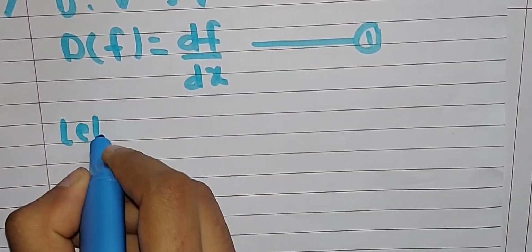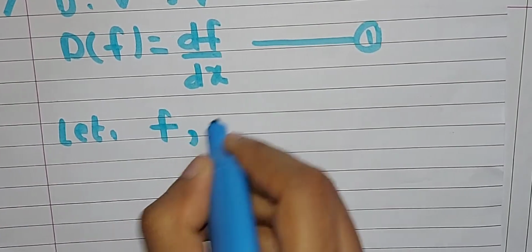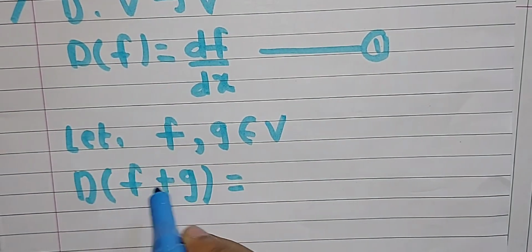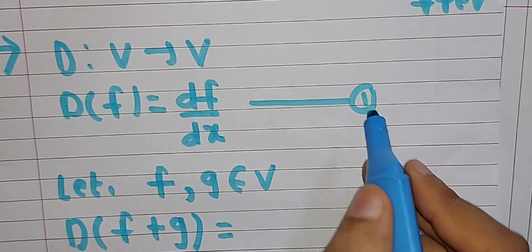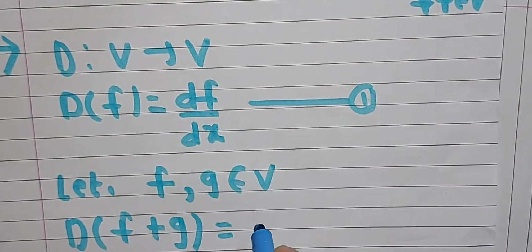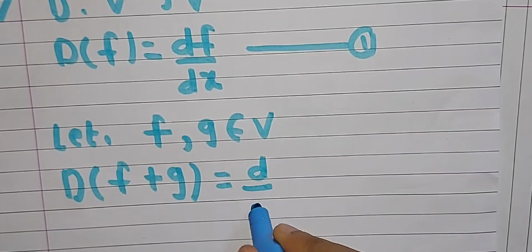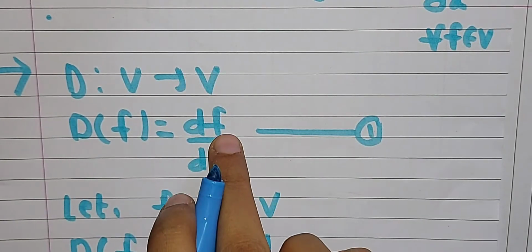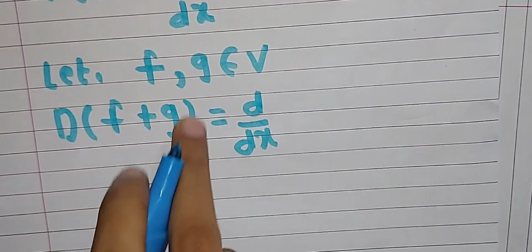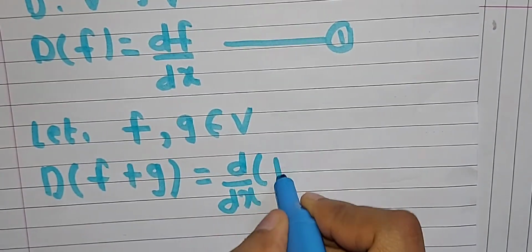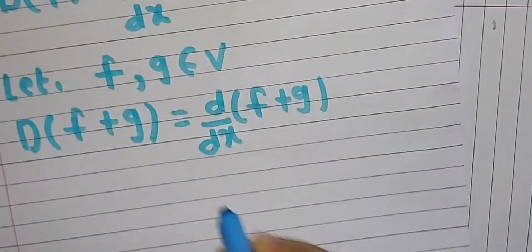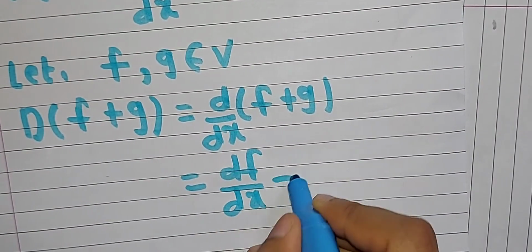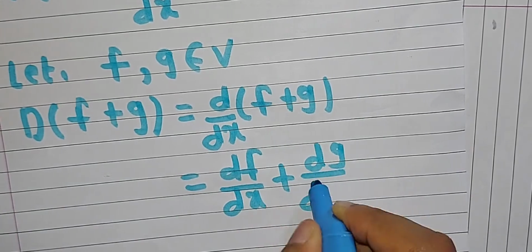Let f and g belong to V, such that D of f plus g is equal to, with the help of equation number 1, d by dx of f plus g, which implies df divided by dx plus dg divided by dx.